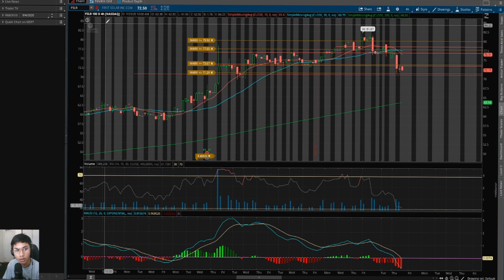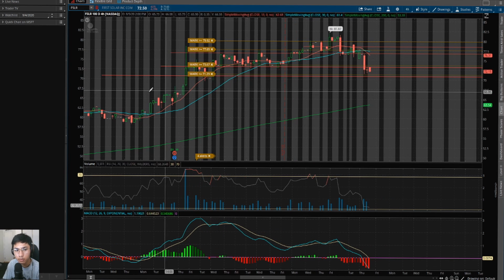Tomorrow I'm looking at whether the FSLR ticker symbol breaks above 73.67. If it breaks above here, I plan to enter my position in call options, and we'll talk about that call option after we finish the analysis. The potential is to move up to the next resistance.